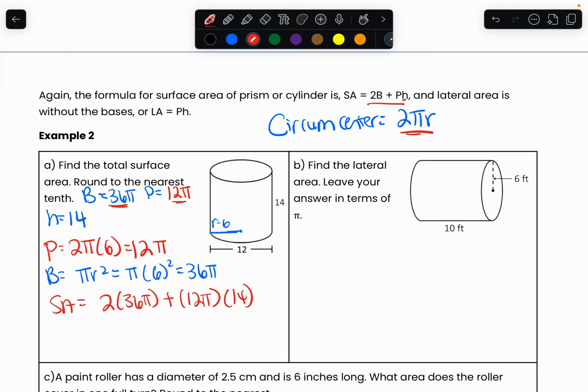Now, if we plug this into the calculator, you should get 72 pi plus 168 pi. Now, since the answer is rounded to the nearest 10th place, you do have to solve for the actual answer, meaning you have to put the pi into your calculator. And this means my value at the end, rounded to the nearest 10th place, will be 754. And hold on, let me go and calculate.